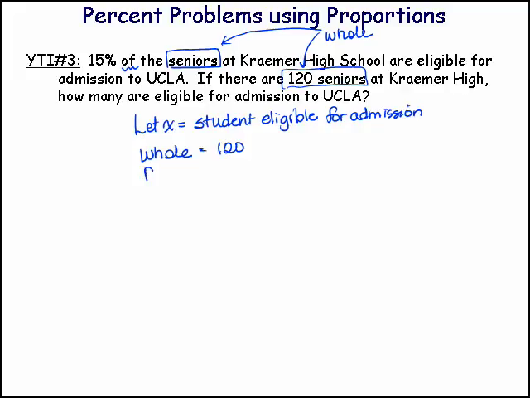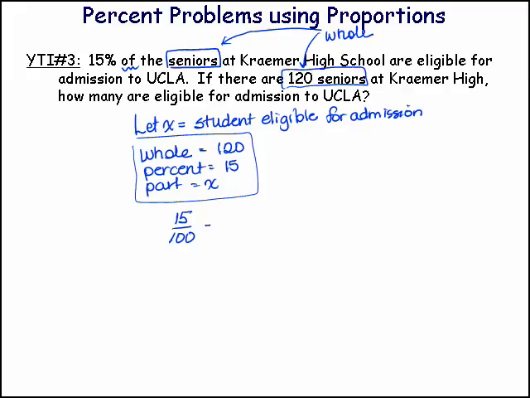The percent is 15, and the part is what we don't know, which is the x. This little legend here helps you to throw together that equation really easily. So we have 15 over 100 is equal to x over 120.